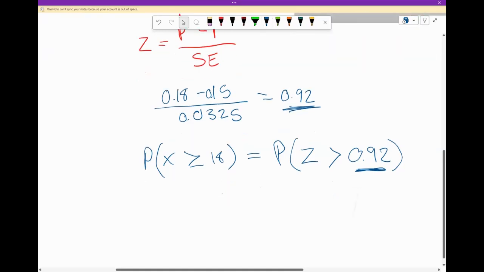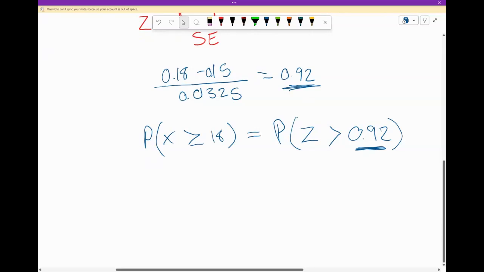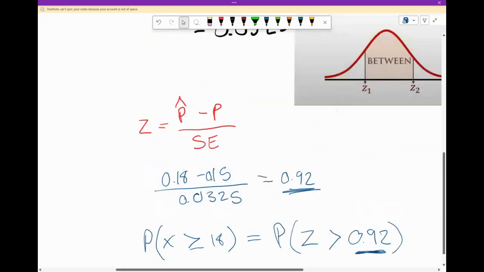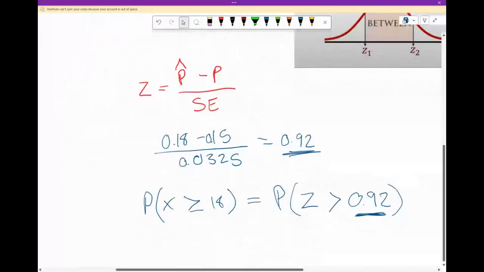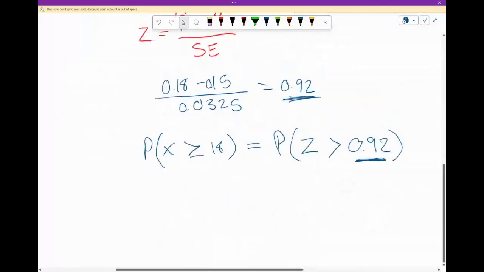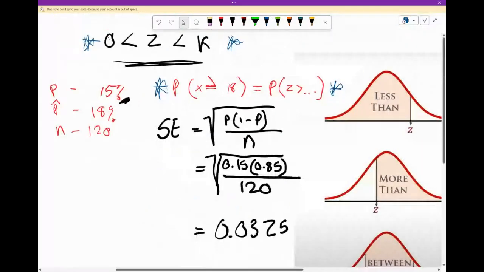But before we can go there, remember what I initially started with. We are saying that Z falls between 0 and the limit.